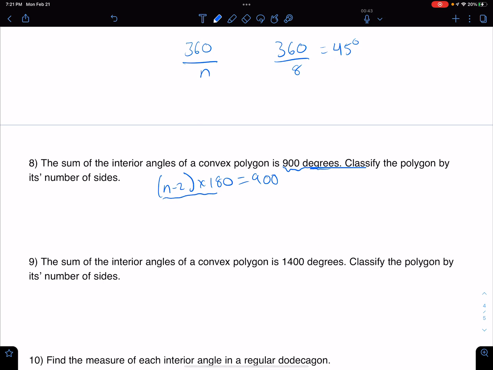To get n by itself, I divide both sides by 180. So 900 divided by 180 is just 5. So I get n minus 2 equals 5. I'll add 2 to the other side, so n equals 7. So that's called a septagon or a heptagon.